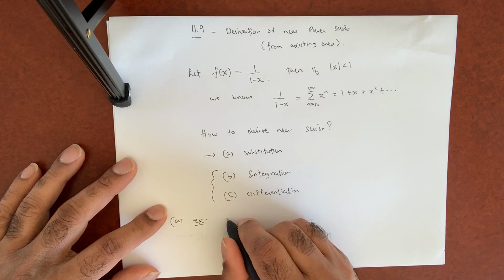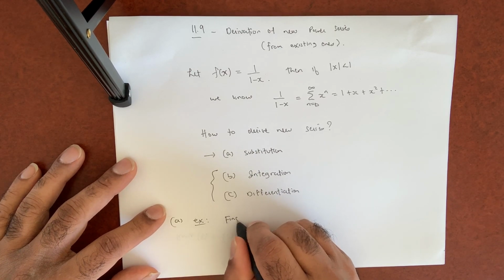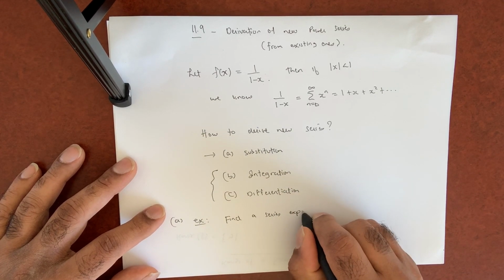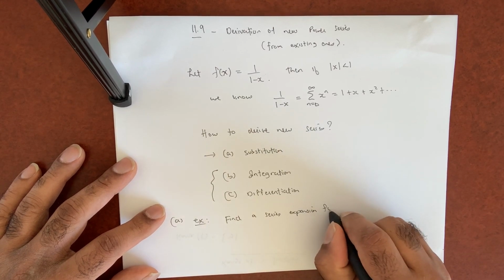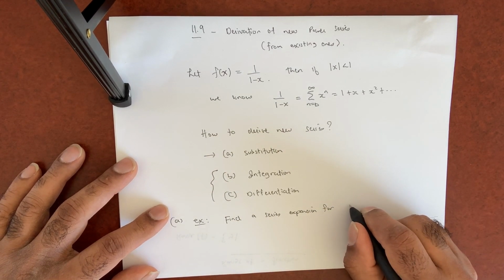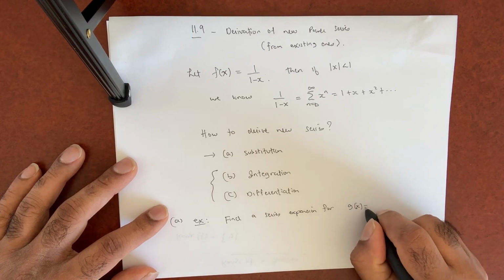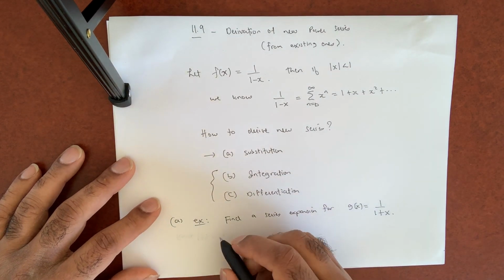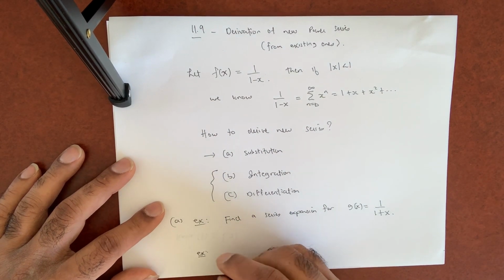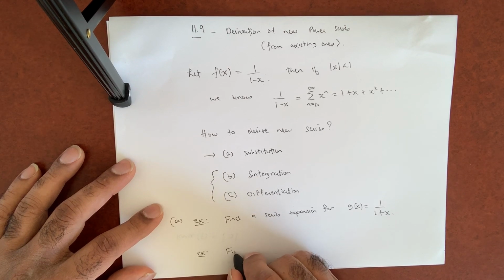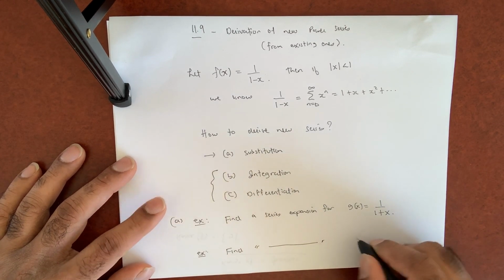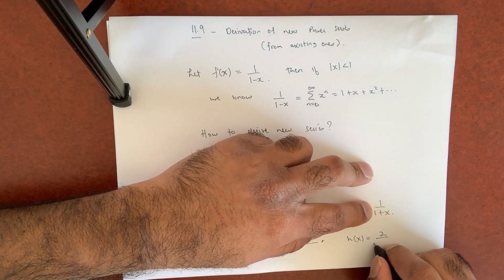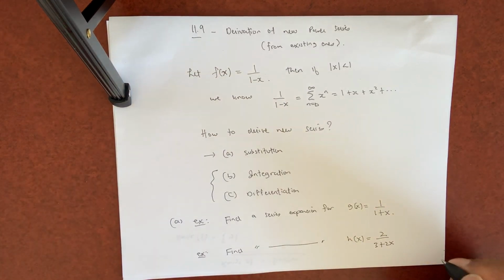So let's say we want to find a series expansion for the function, let's call it g of x, which is 1 over 1 plus x. And we'll do one more. Let's say we want to find a series expansion for, let's call it h of x, which is 2 over 3 plus 2x.